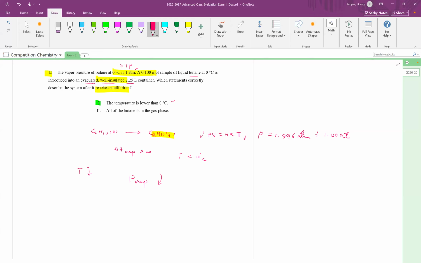At 0 degrees, below 0 degrees, can I say P vapor is less than 1 atm? We calculated almost 1 atm, right? And we know log P equals minus delta H over R times 1 over T plus C.